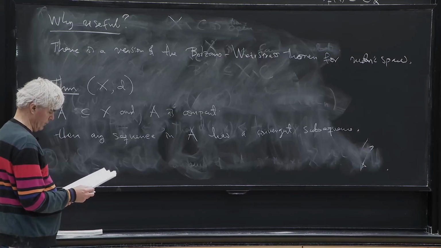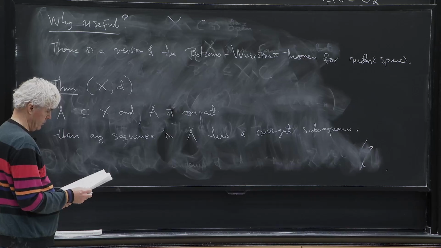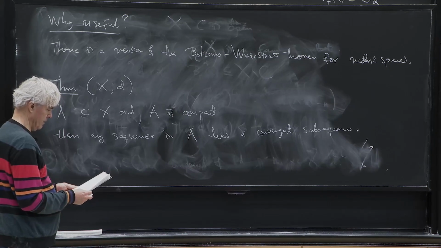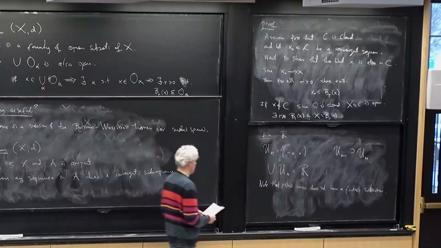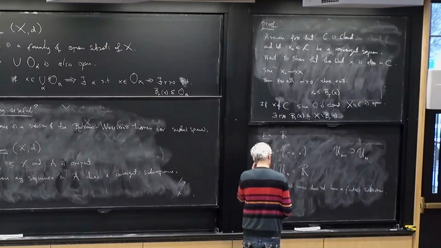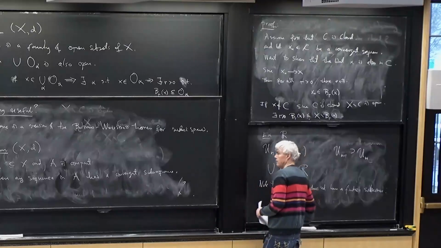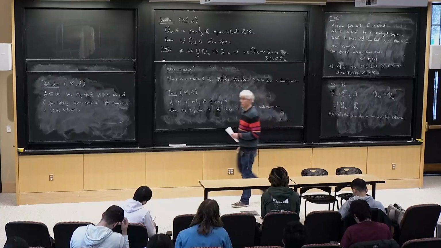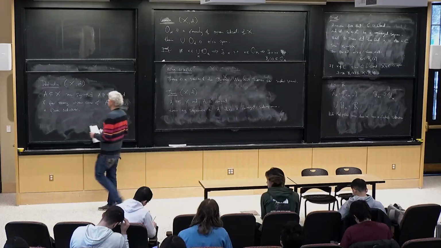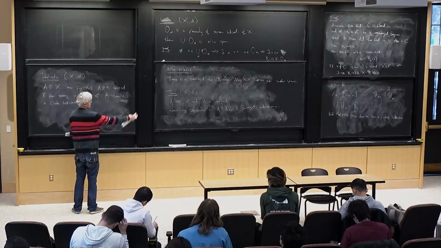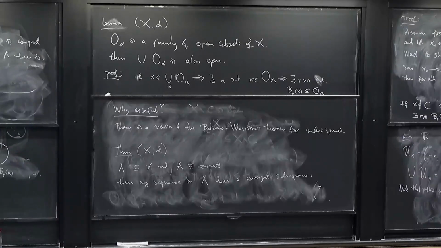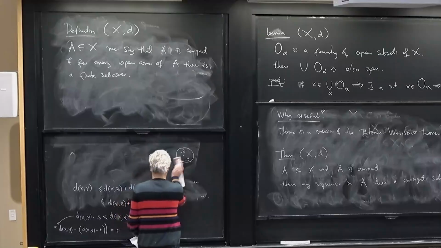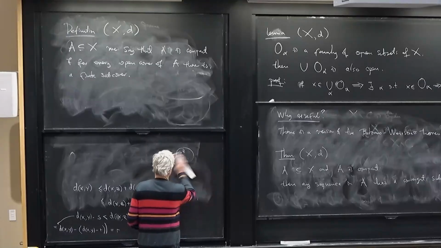let's prove a few things about compact sets. Let me also look at a couple more examples. So the first thing I want to discuss is that this here is our key application of compactness, that you have this metric version of the Bolzano-Weierstrass theorem.